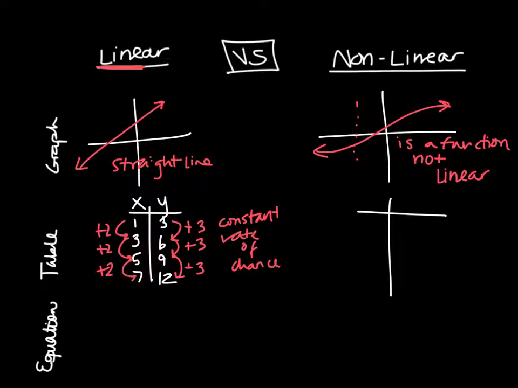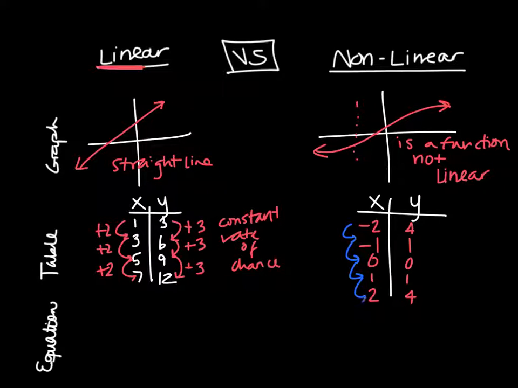Nonlinear doesn't have a constant rate of change. So one of the examples, a table that you've already done before, is x squared. So if we have negative 2, negative 1, 0, 1, 2, here my y values might look like 4, 1, 0, 1, and 4. Notice that on the x, it is constant.